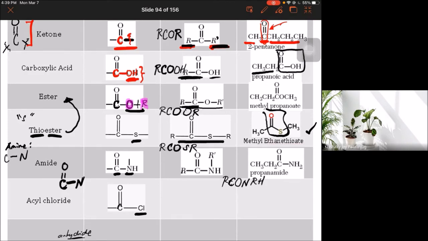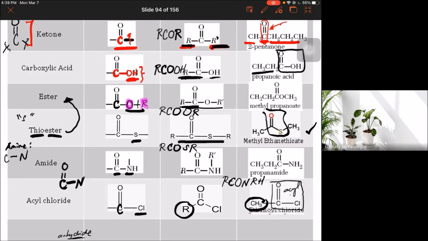The carbonyl carbon is directly attached to chlorine. This could be any R group, for example here, represented by CH3. This is the functional group, the acyl chloride. And then lastly, the anhydride, the acid anhydride or the carboxylic acid anhydride.